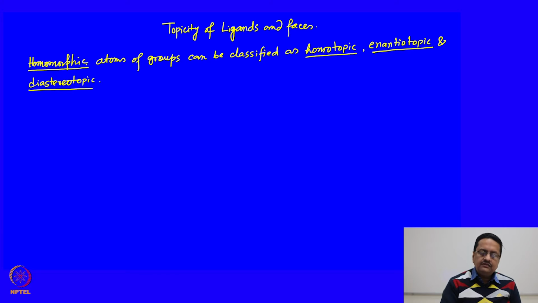Now we will try to define these three different types of topicities of the ligands or the groups that are associated with a carbon center. Let us start the discussion with homotopic groups.